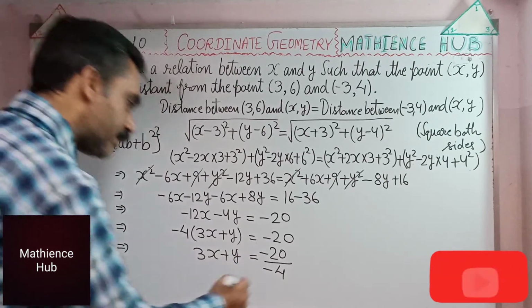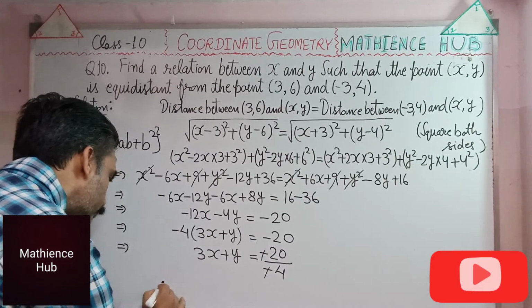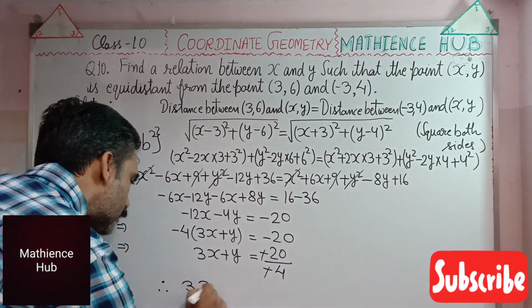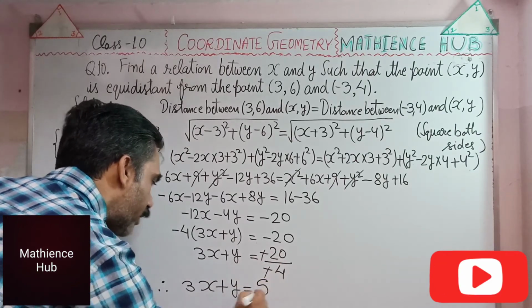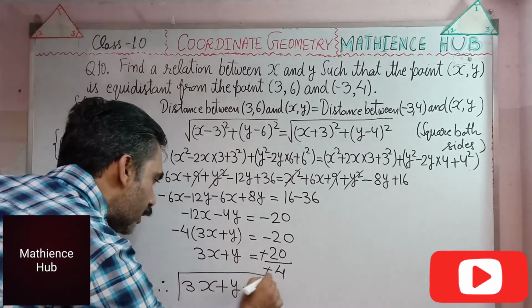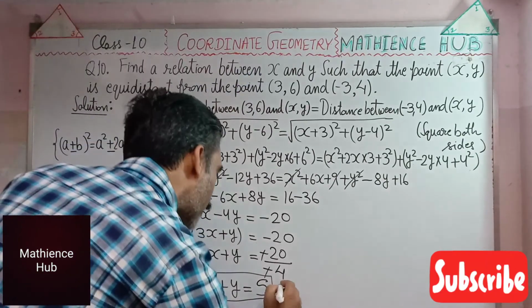Minus minus is cancelled, so we get 3x plus y equals 5. This is the relation between x and y.